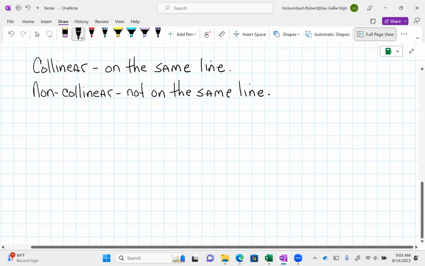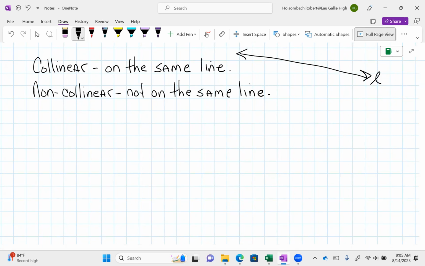So if you wanted a visual, here's a line, right? Line L. And if we put point A and point B, point C, point D, and point E, if all of those points are on line L, then A, B, C, D, and E are collinear.